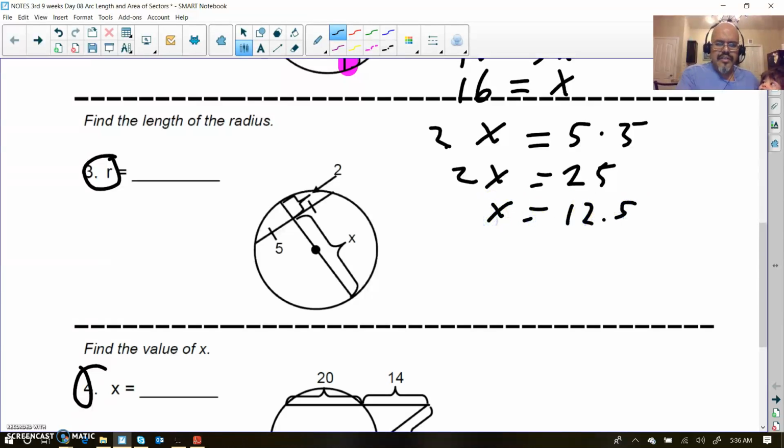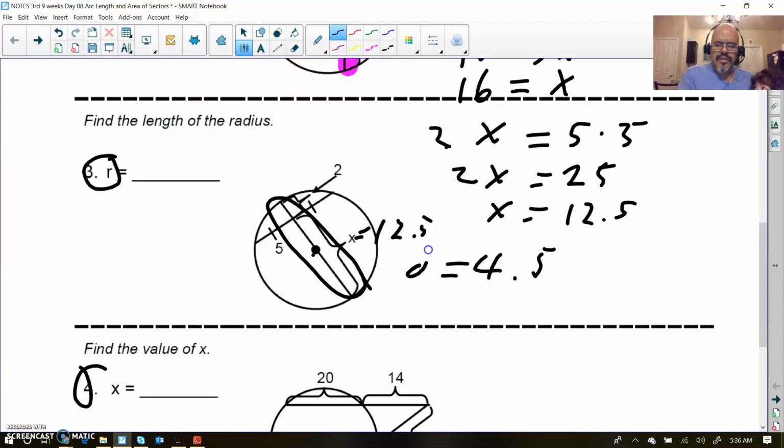And then right here, since that's what x is equal to, we're going to add that component together and add it together to get that entire diameter, because that's the diameter right there, since it's a chord going through the center of the circle. So that's 14.5. That's what our diameter is equal to. Our radius is half of that, which is 7.25. So our answer is 7.25.